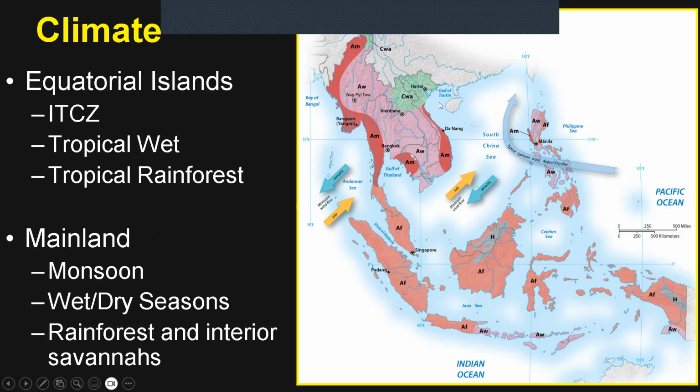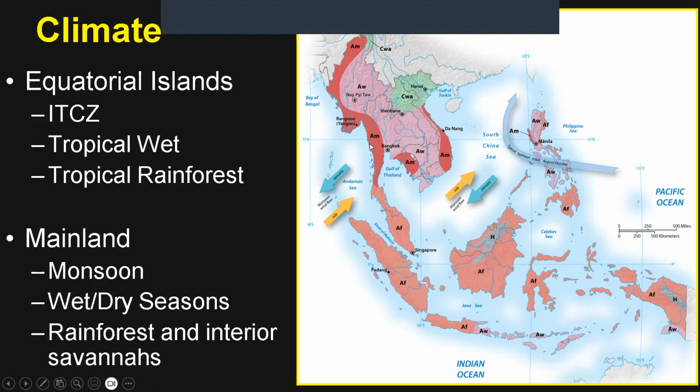The mainland is a little bit different, and now we're introducing what's called a monsoon climate. And monsoon just means a seasonal shift in wind patterns. So during the summertime, the mainland, the interior of Thailand, starts to heat up and air starts to rise. And then during July, for example, air gets drawn in from the warm Andaman Sea.